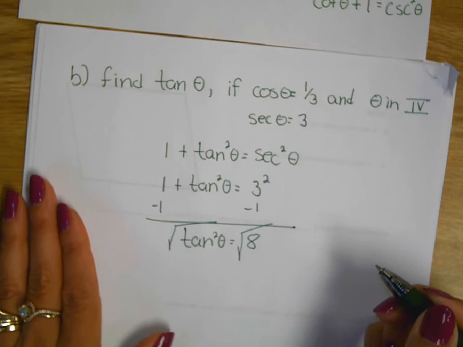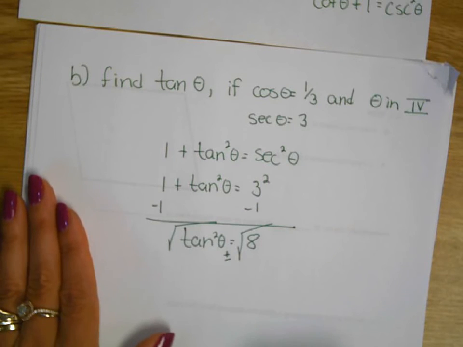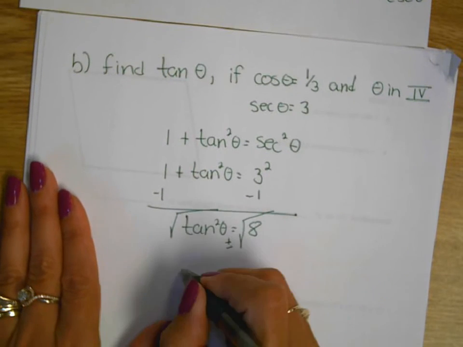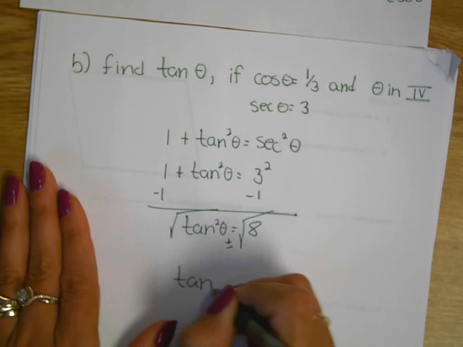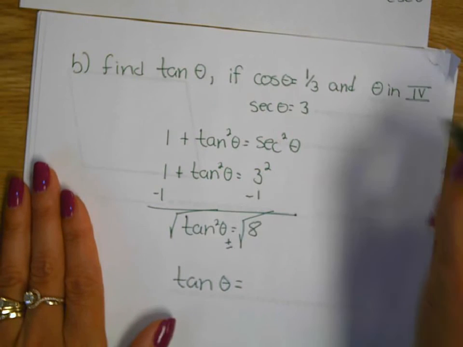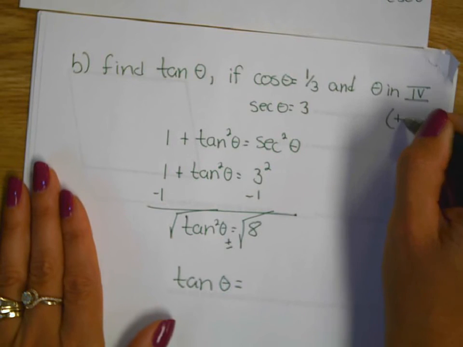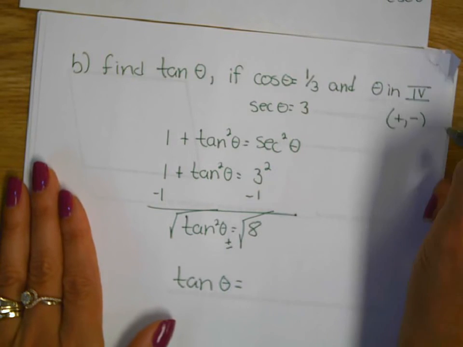And when you do the square root, don't forget to think, is it positive or negative? We'll look at the quadrant to decide. Let's pick out the positive or negative right now. Quadrant 4. In quadrant 4, our ordered pairs are right is positive, down is negative. That's how I get into quadrant 4, right and down.